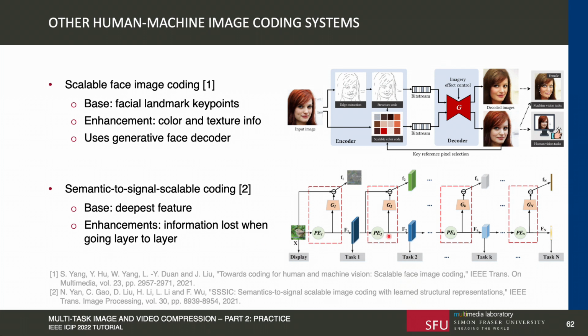So you can think of this being a backbone for image classification, and then the base layer is the deepest feature coded within that backbone, and the enhancement layers are the information that's needed to recover one layer up from the previous layer. So there's a series of enhancement layers that help the decoder recover features upstream, and then with the final layer you can then recover an approximation to the input image.